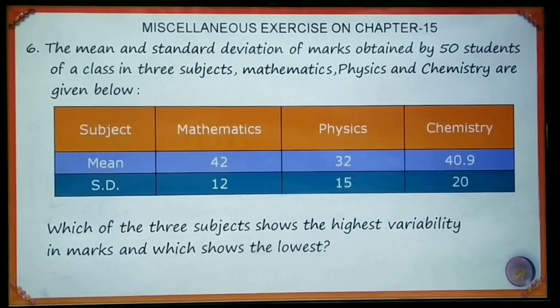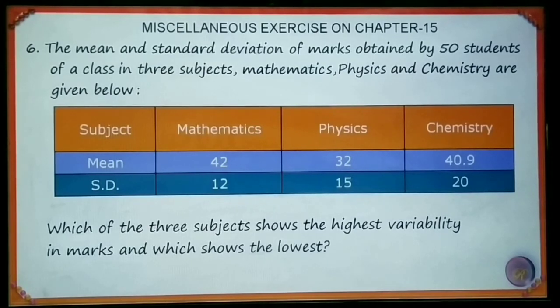Sixth question. The mean and standard deviation of marks obtained by 50 students of a class in 3 subjects, mathematics, physics and chemistry are given below. Mean of mathematics 42, physics 32, chemistry 40.9 respectively, and standard deviation 12, 15, 20.